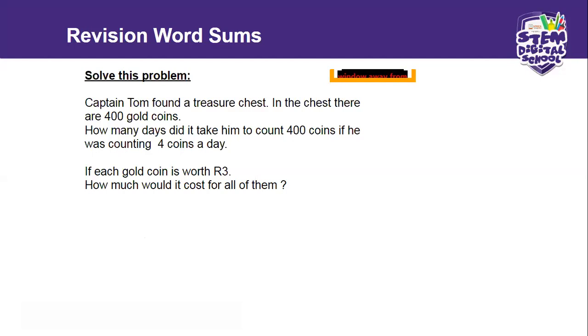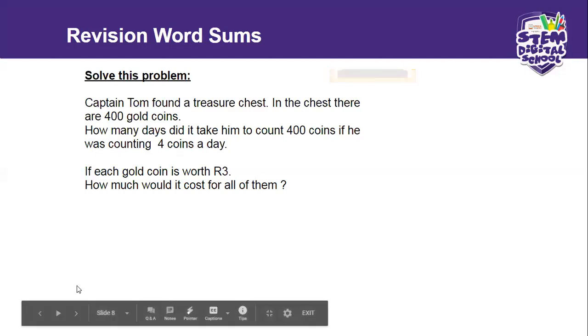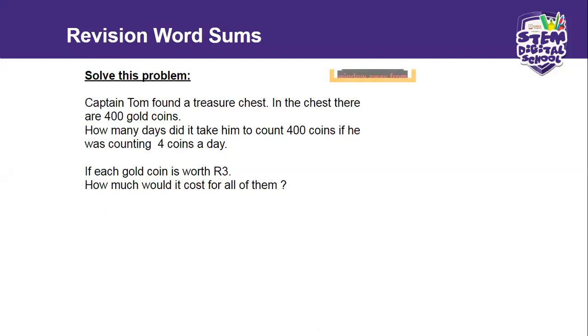How many days did it take him to count 400 coins if he was counting 4 coins a day? How many days do you think it took him? Is there anyone who can try for us?